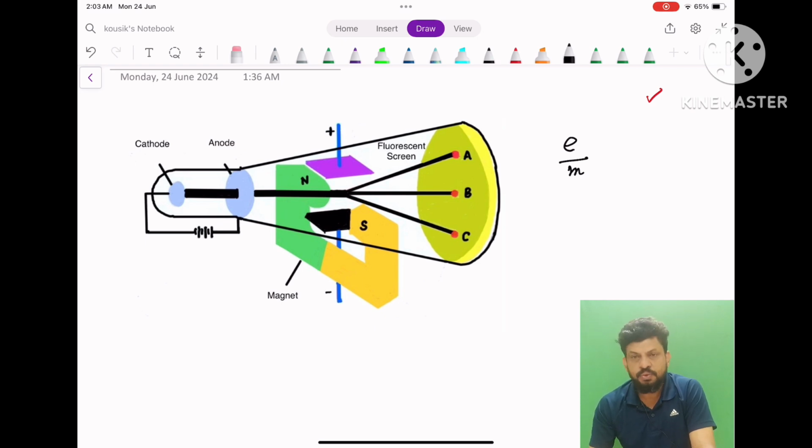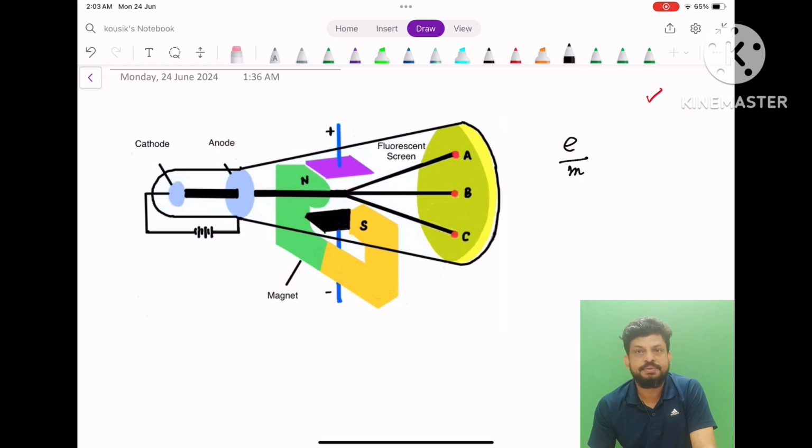Because what we know about the electron, in the cathode ray experiment, is that there is a particle with negative charge, known as the electron, and it also has mass.